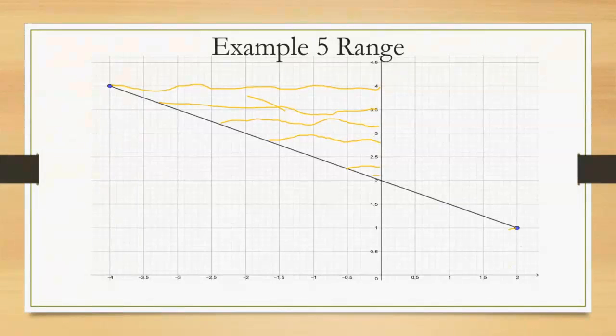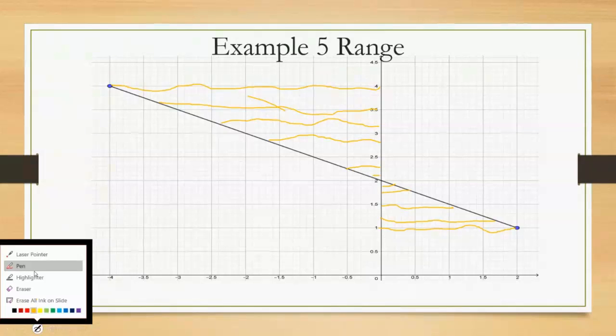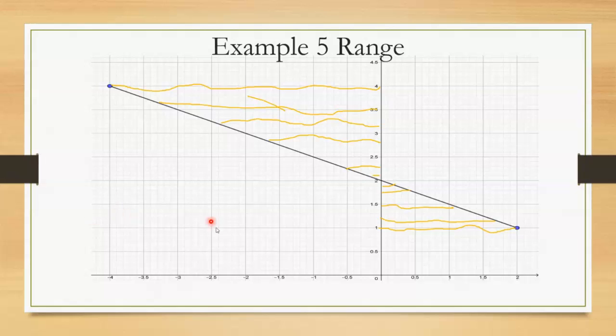Now over here, you can move to the left, from the y-axis to the graph, or graph to the y-axis. But hopefully you can see though that everything from 1 to 4 is in the range, okay?